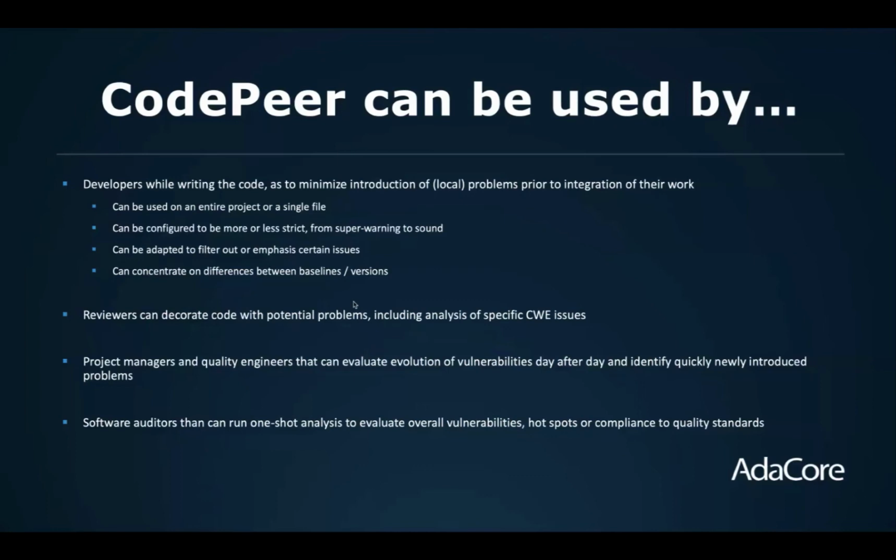You can also use this tool at your desk. So what's interesting is that the tool has the ability to customize how you interact with it. One of the ways you do that is by changing the analysis level. So let's look at CodePeer as it analyzes the abstract syntax tree.